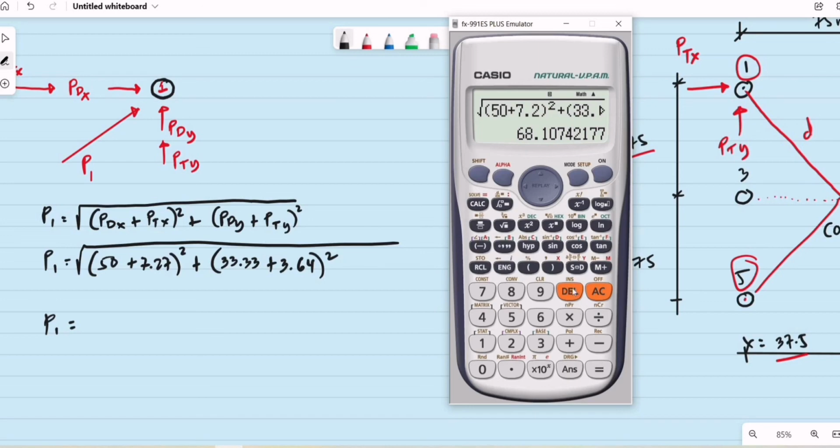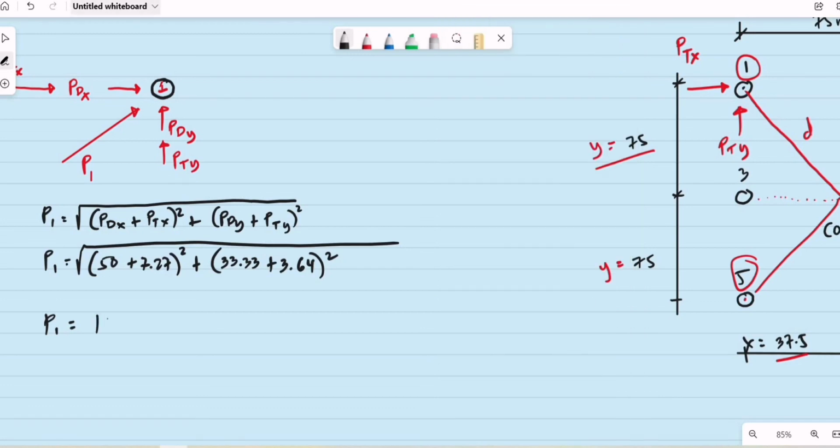A little correction here, I was not able to put 7.27. That is equal to 68.16 kilonewtons.